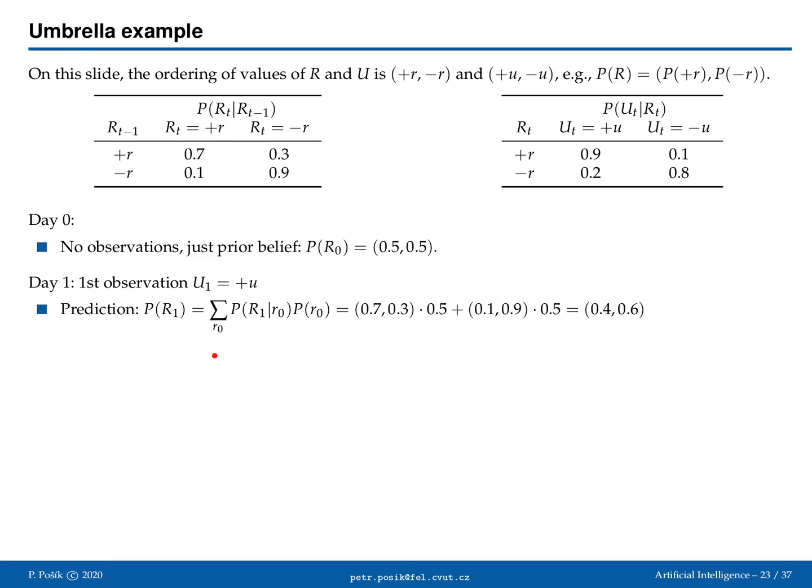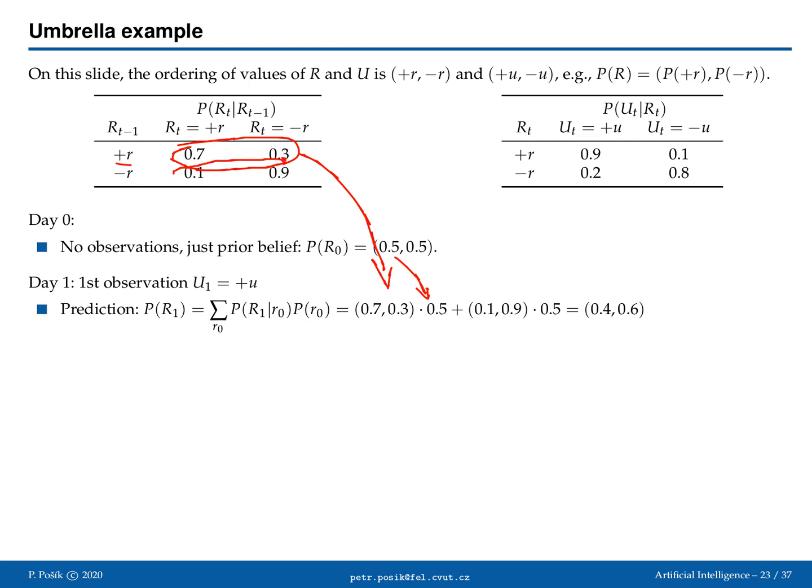This is done using this computation, such that you use the distribution over the possible states for one previous state. So that's 0.7, 0.3 times 0.5, which is the prior distribution here.